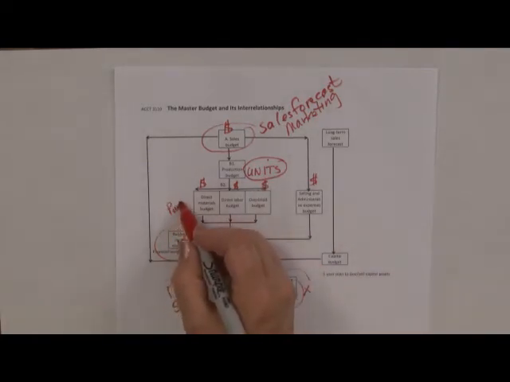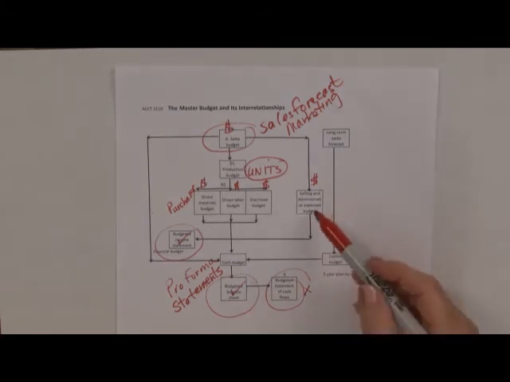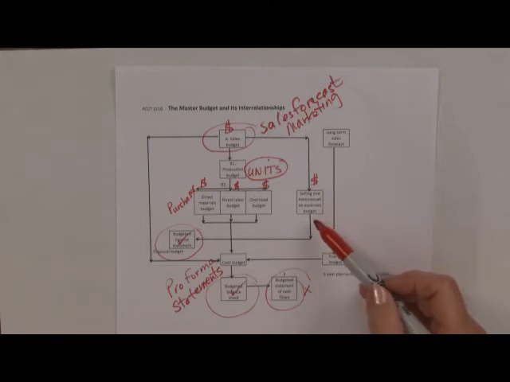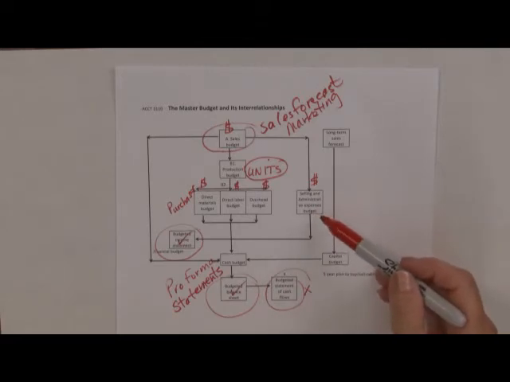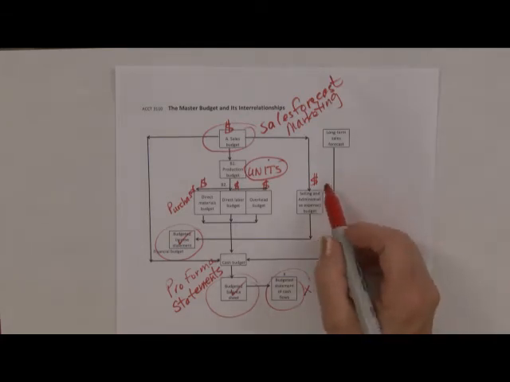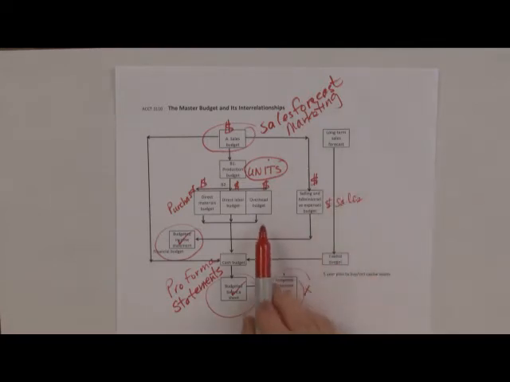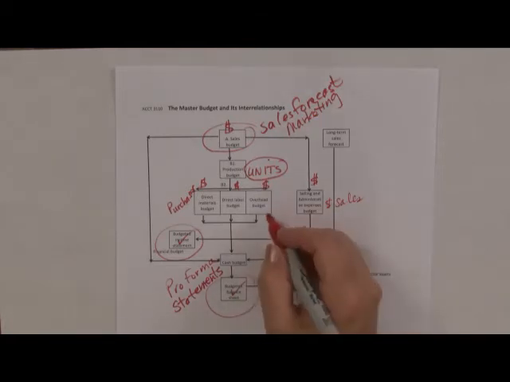We also call that the purchases budget, the labor budget, and the manufacturing overhead. We have another budget here that is called the selling and administrative budget, and this is often based on the level of sales of the company. In other words, the cost driver here would be dollar sales. Where the cost driver for the overhead, the manufacturing overhead, would be units produced.